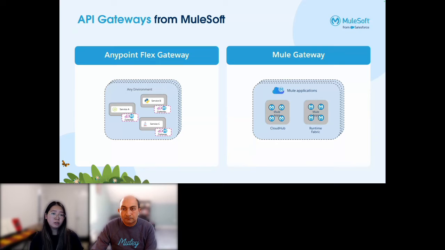And depending on your performance needs, you can get the gateway as close to the application as possible. Mule Gateway, on the other hand, you can think of as our managed gateway service, where you don't have to worry about installing or updating the gateway.